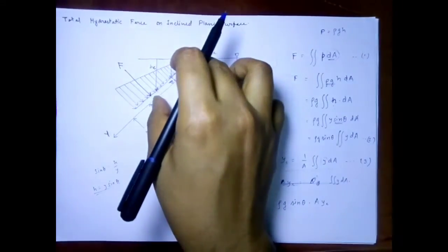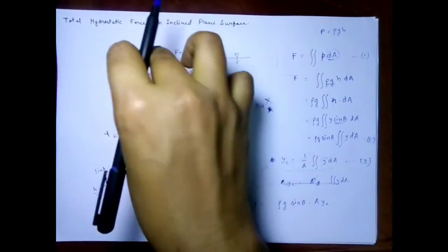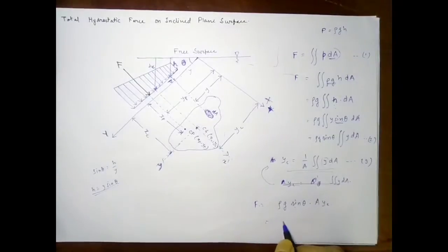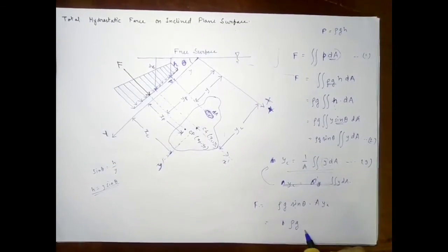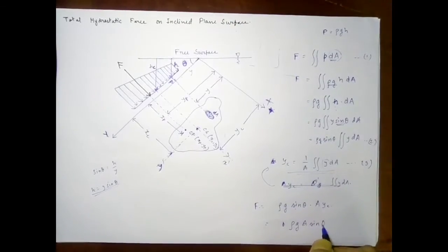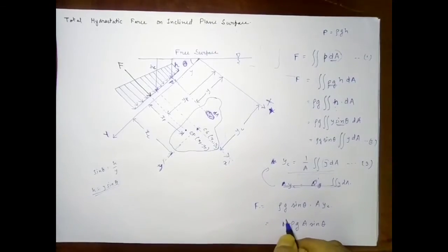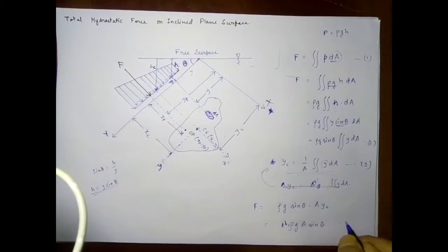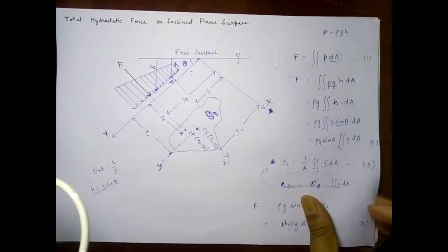Yeah, this one, yc sin theta will be basically hc. So therefore F will be equal to rho g A sin theta, and yc will be hc. So I'll write it over here. So let's make this equation 4.